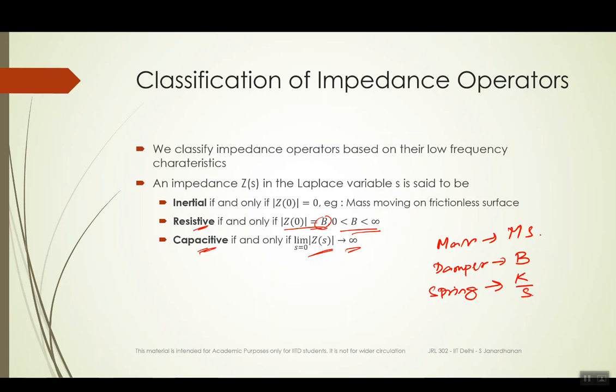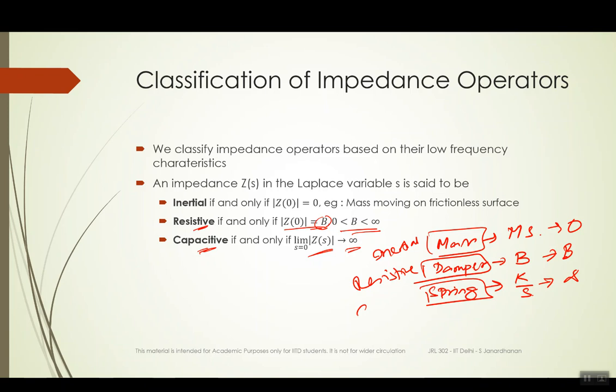Now if S tends to 0, this becomes 0, this becomes a constant b which is finite, and this tends to infinity. So the mass is inertial, the damper is resistive, and the spring is capacitive impedance in this case.